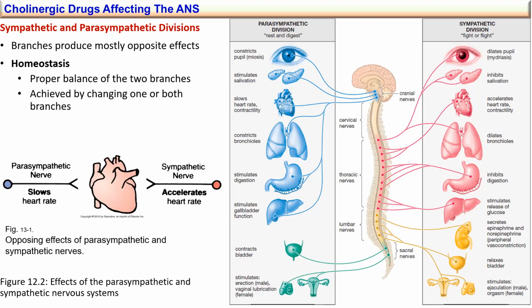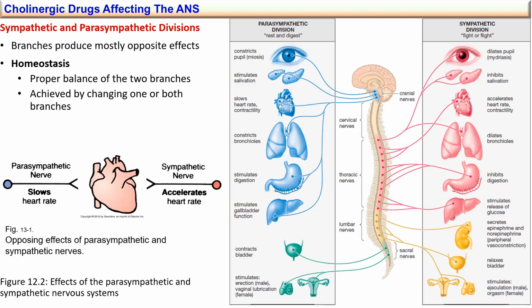And when you master the parasympathetic, you can predict the sympathetic, because for the most part, it's exactly the opposite. If parasympathetic activation results in pupil constriction, miosis, then sympathetic nerve activation will result in pupil dilatation, which is mydriasis.